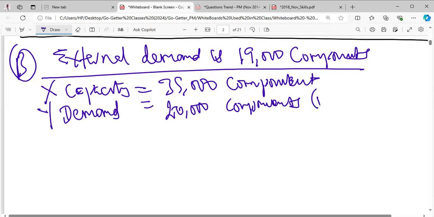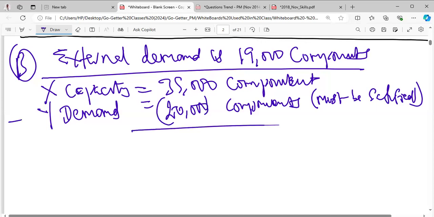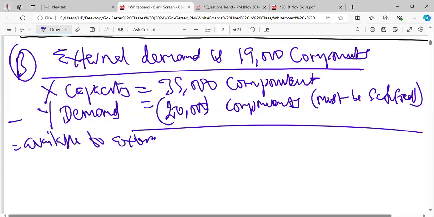So when we less it, available to external should be 15,000.